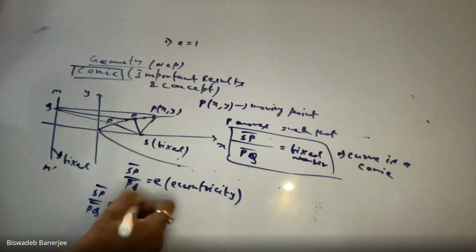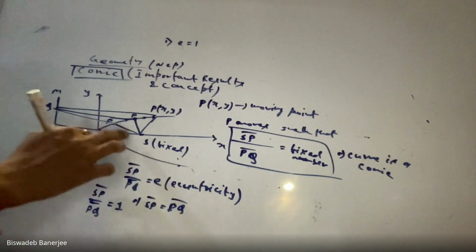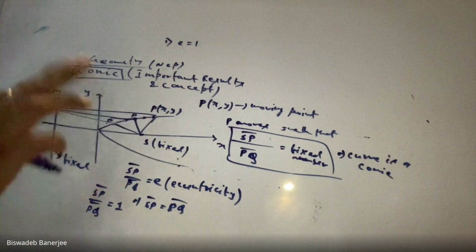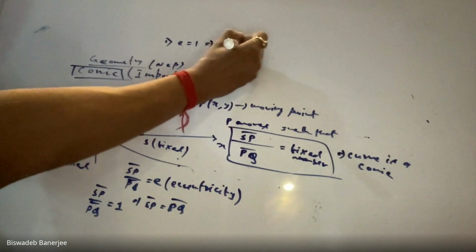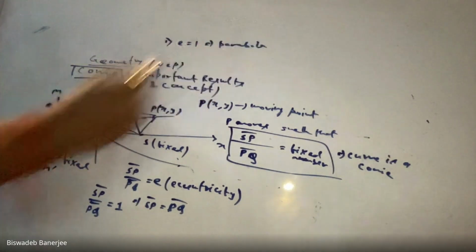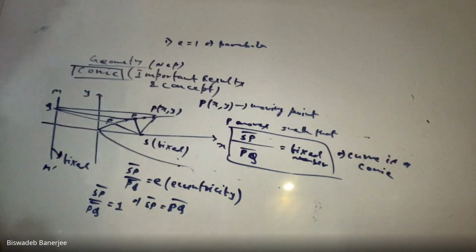That means SP equals PQ. If this condition holds, this conic is said to be a parabola. It is the most important curve for our NEP syllabus. If E equals 1, you shall get a parabola.